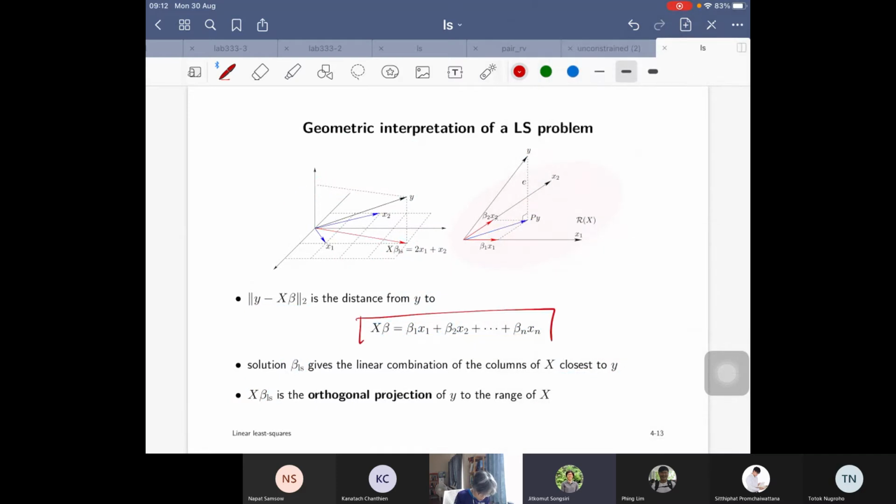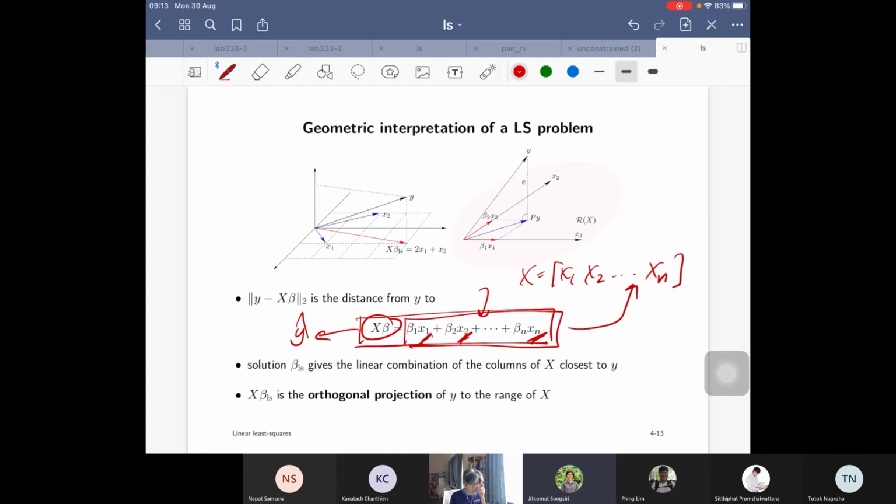Because when you use linear least square, this is your y hat, and y hat equals x beta. Y hat is a linear combination of x1 to xn. So when y hat is a linear combination of column vectors in x, where I use the notation that x1, x2, up to xn are the columns in x, you can say that y hat is in the range of x.